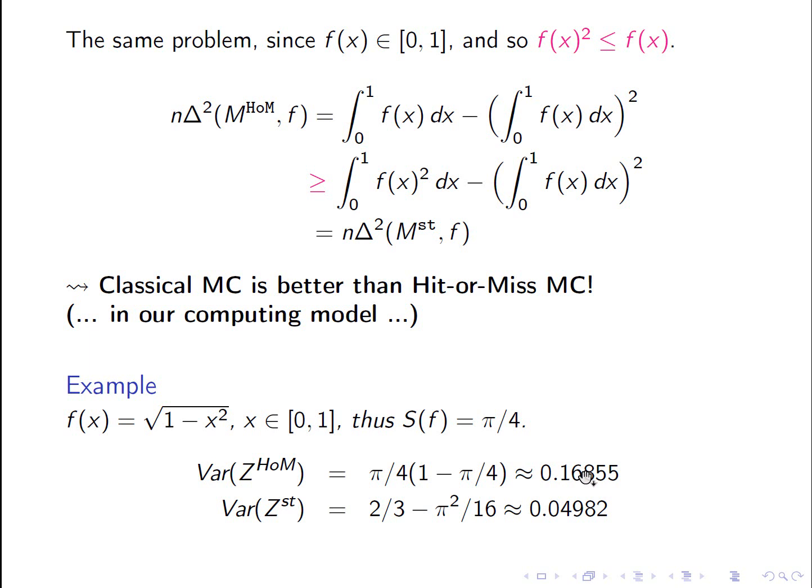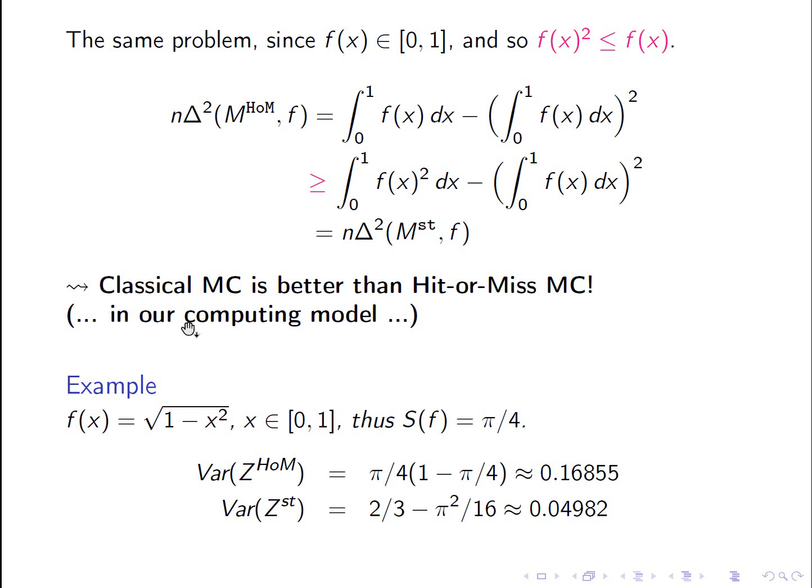But clearly there are other variance reduction methods. So hit or miss Monte Carlo, why did I show it to you? It's a method which has a nice geometric interpretation. It can be useful in some really particular situations where f might be really expensive to evaluate, but the comparison y less or equal f of x might be cheap.